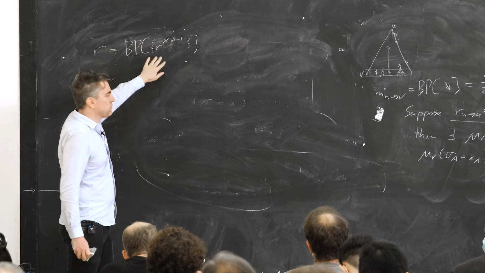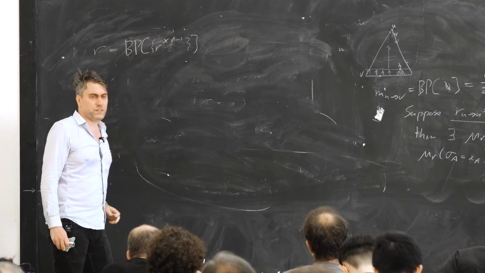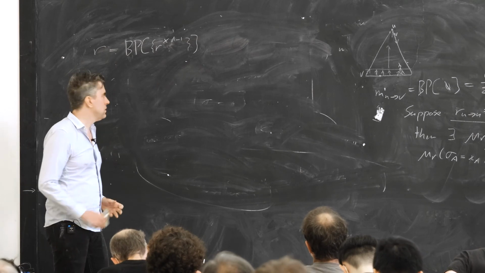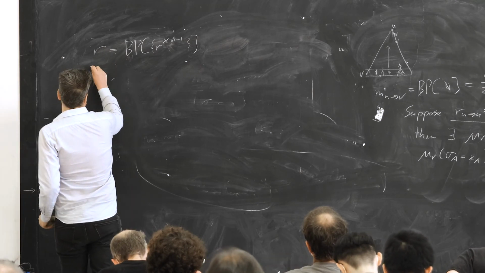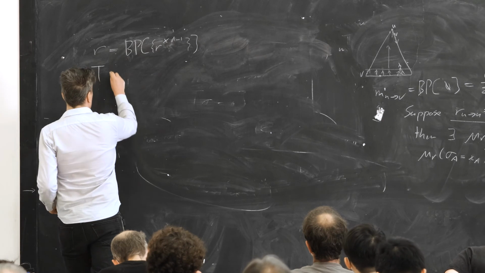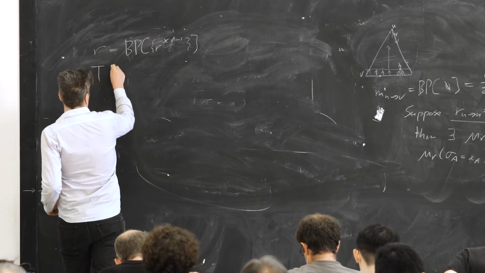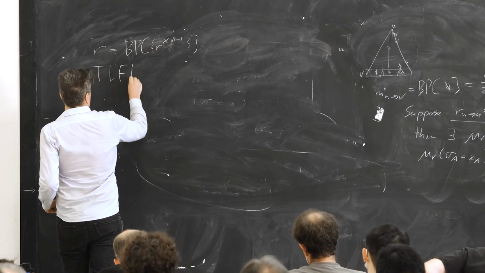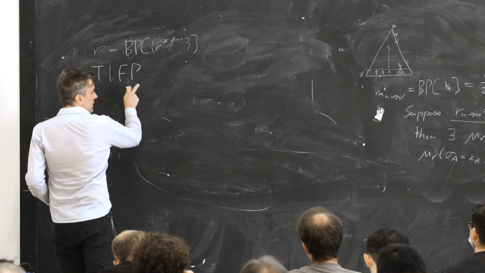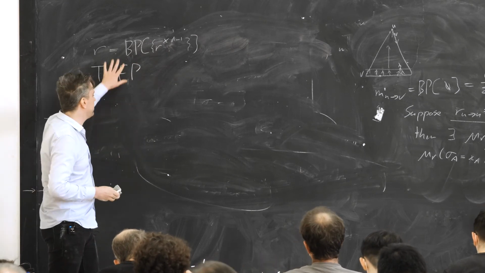And we can ask, can we find such an R that satisfies this? I'll call these, I think in the notes I called them, translation invariant fixed points, because they're just the same message everywhere.